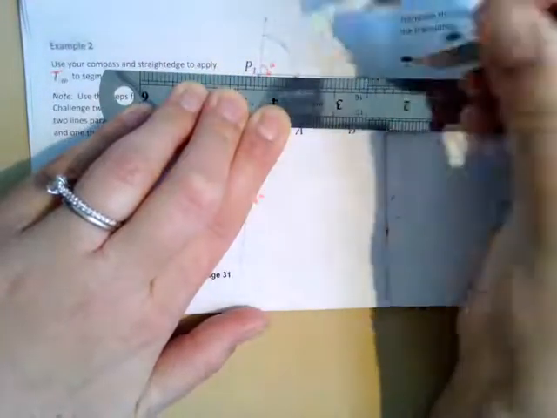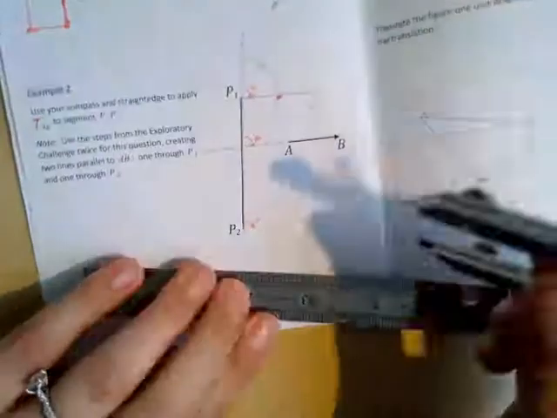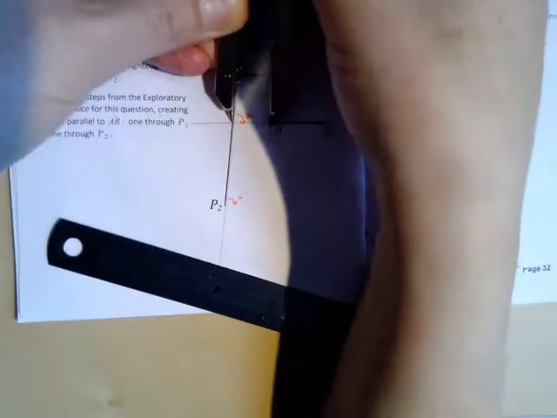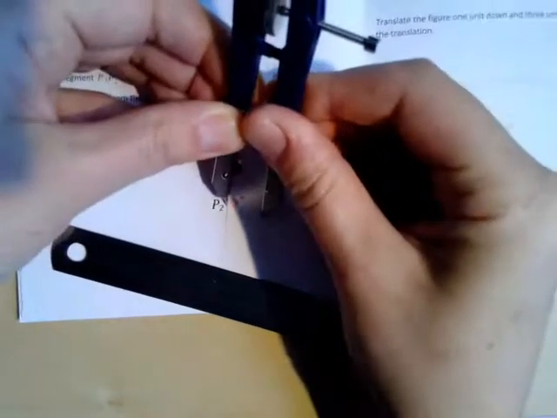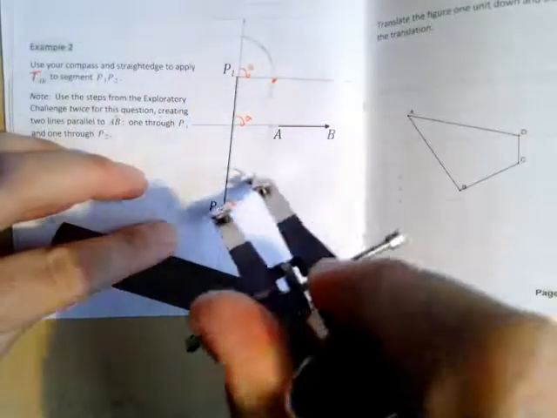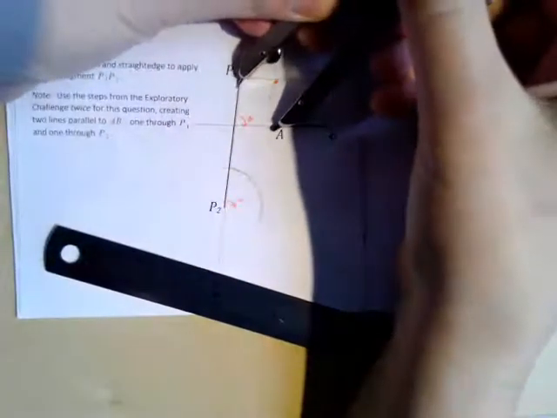Now I know my segment is going to be sliding along this line. Similarly, I can repeat this process. I'm going to bring my compass in right here, and bring it along here. Measure again how wide open the angle is.